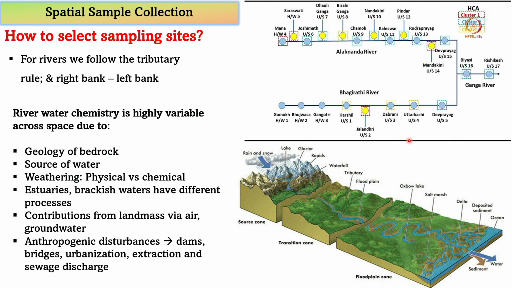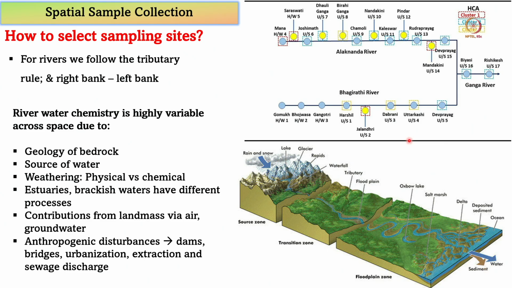Now, selecting a sample site, as I have already mentioned, for rivers, it is river chemistry, how it is varying. If you are trying to understand the different sources, the different tributaries, what you are giving importance to, depending on your research objective, you are going to select the sampling site. Okay, generally what we are doing is we are following the Y pattern of sample selection.